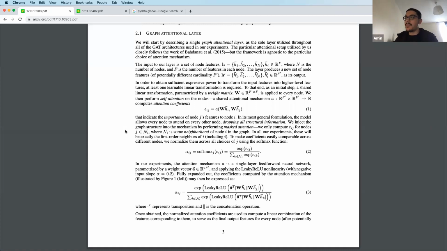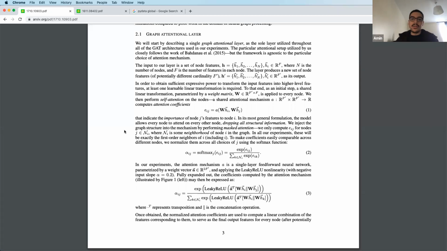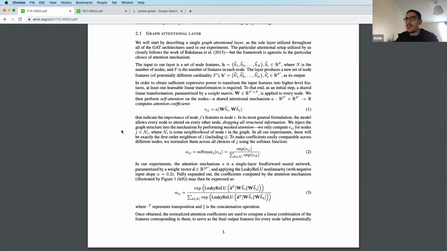And the final property is we want to be able to train a model on a graph and then apply it and test it on a graph which has never been seen before. So it doesn't matter the actual graph structure.